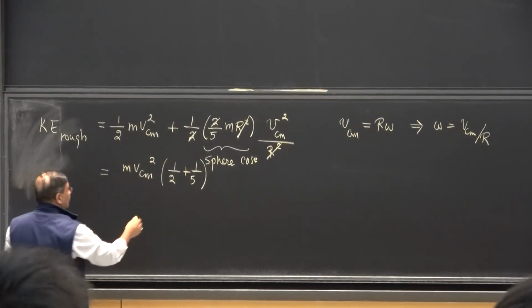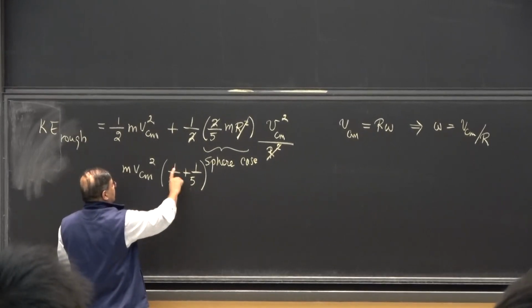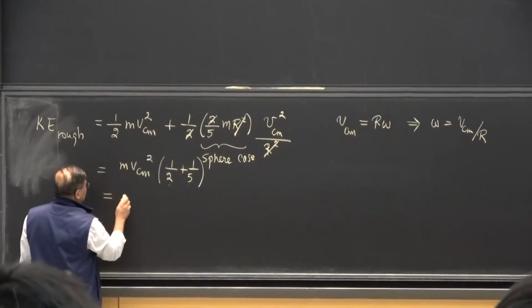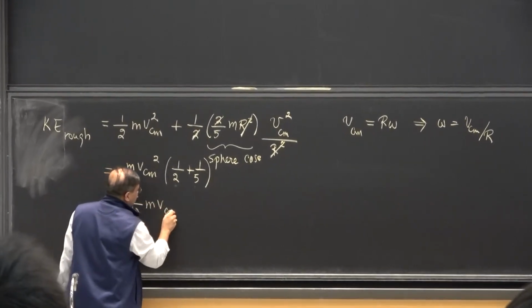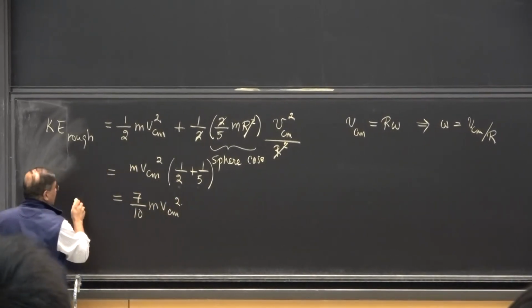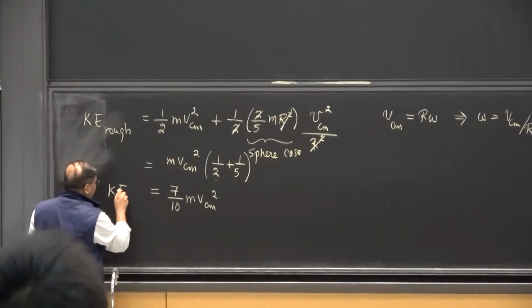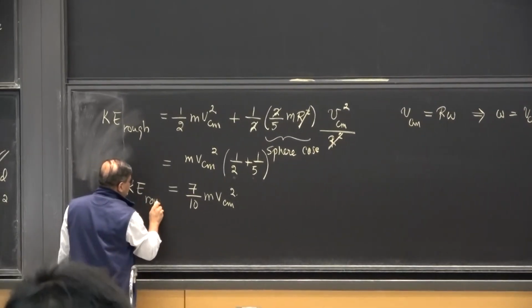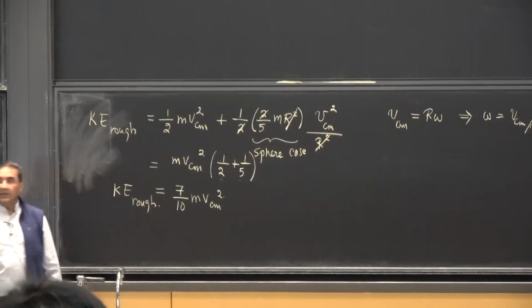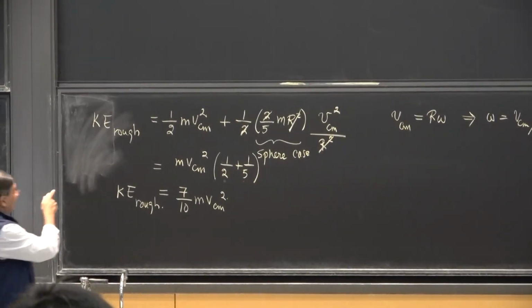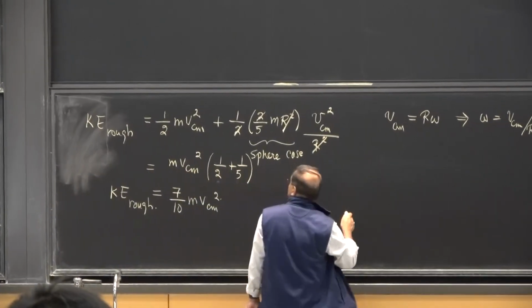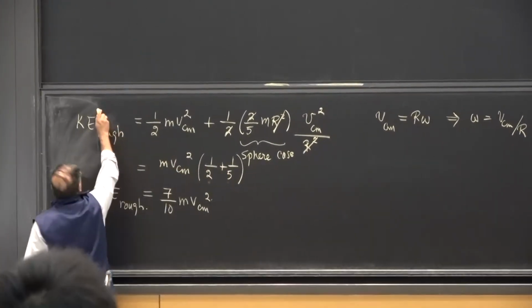That will be 5 plus 2 over 10, so therefore it will be 7/10 m v center of mass squared. This is the kinetic energy on a rough surface for my sphere. The number, however, would be different if I had a disk, because I would do the same calculation. So this is for a sphere. Let's call it sphere.